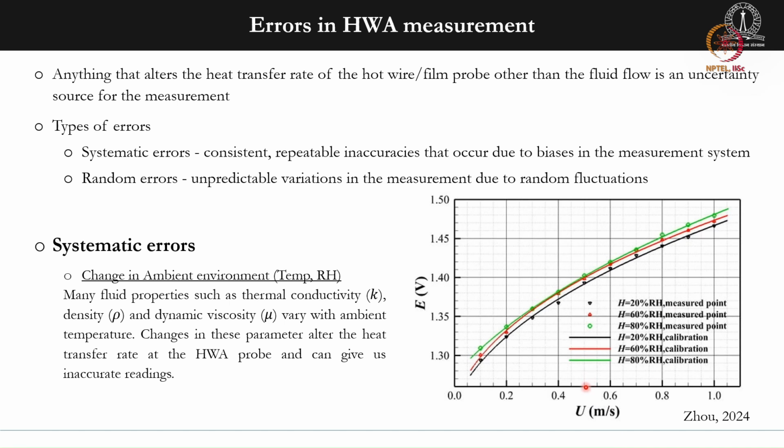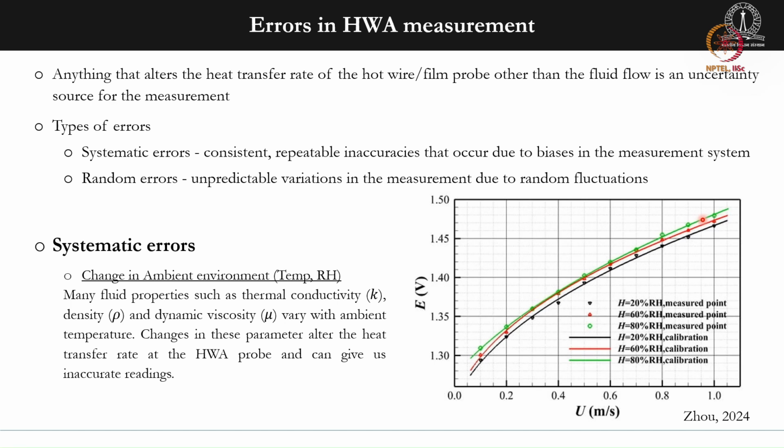Now, if we put this hot wire anemometer probe that is calibrated for 20% relative humidity into this environment, it would show a reading, an E value, of approximately 1.4. That corresponds to this green curve, because that curve corresponds to 80% relative humidity.